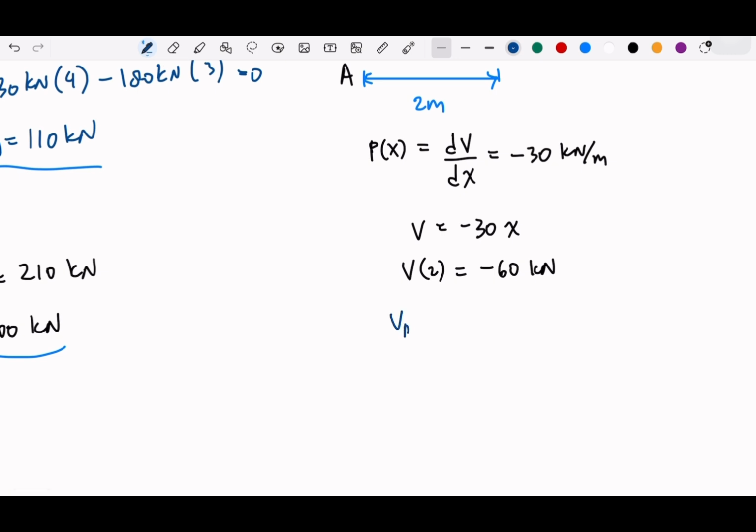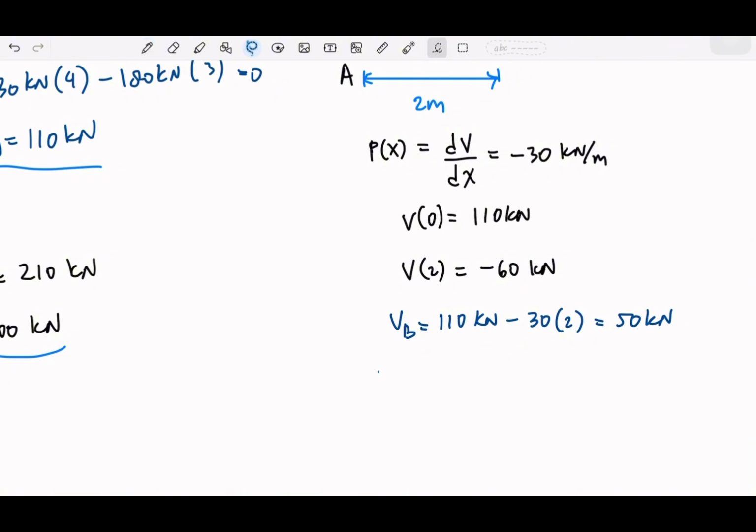So at VB, this will be 110 kilonewton minus 30 multiplied by 2, which is 50 kilonewton. To be precise, our V is not only negative 30 because we have V0 as 110.